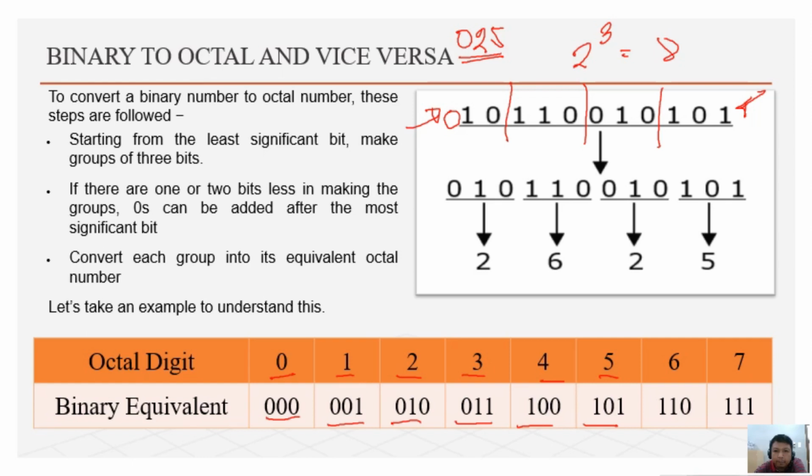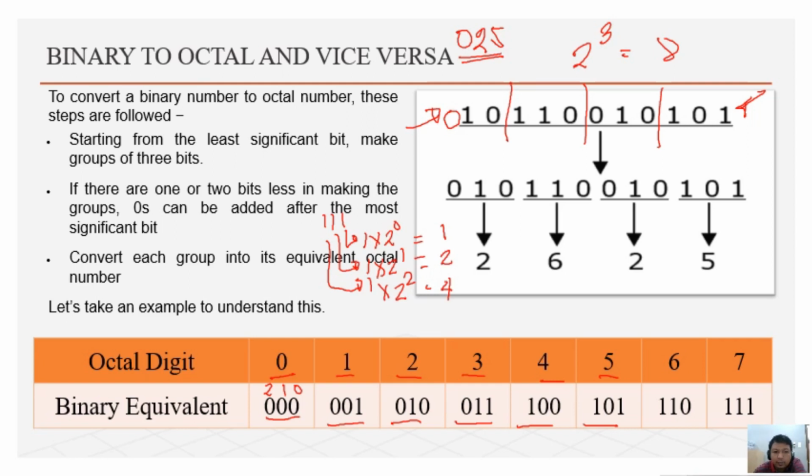So, remember that when getting these, the positional values are 0, 1, and 2. So for 1, 1, 1, we have 1 times 2 raised to 0, 1 times 2 raised to 1, and 1 times 2 raised to 2. So the equivalent values are 1, 2, then 4.